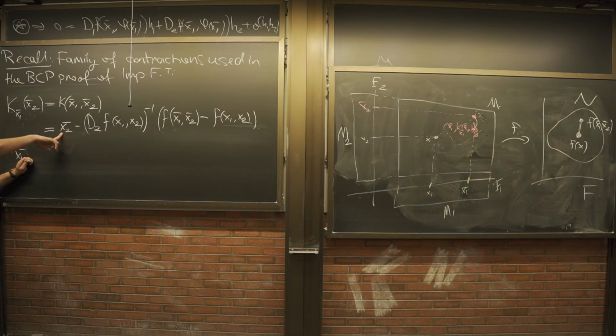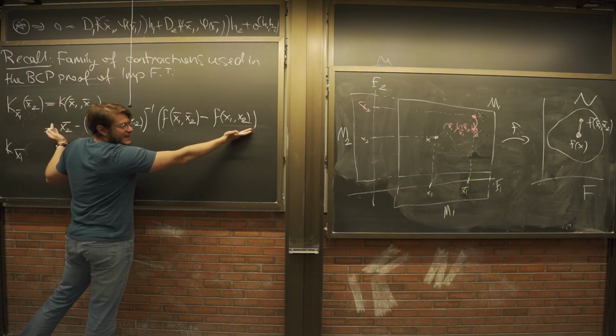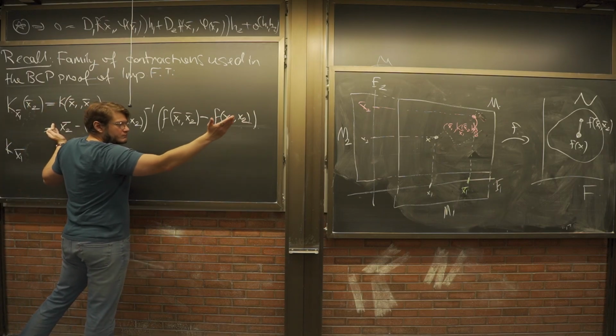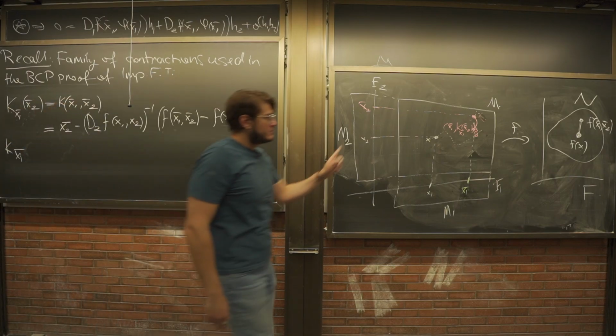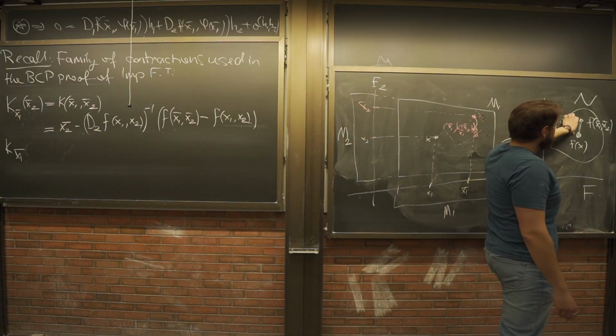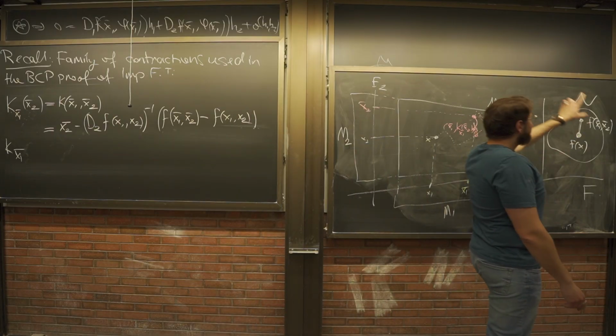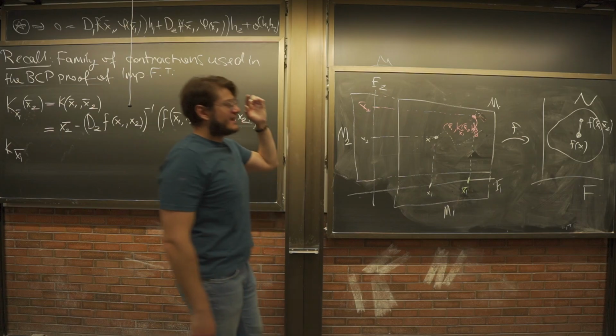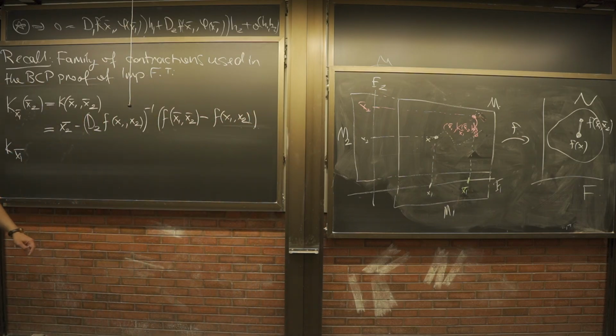If you start with an x2 bar, in the next iteration, this is a new height at x1 bar. Then you look at, again, the discrepancy with the output. That gives you a vector. Bring it back using the inverse of the second partial. Update your guess again, which means that you apply this to this. That is to say, k sub x1 bar to the 2, you're applying twice to your initial guess.